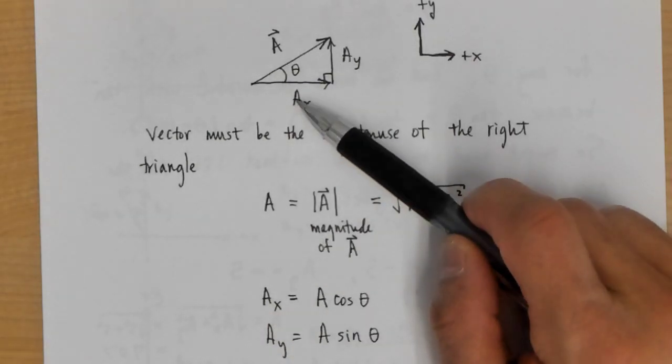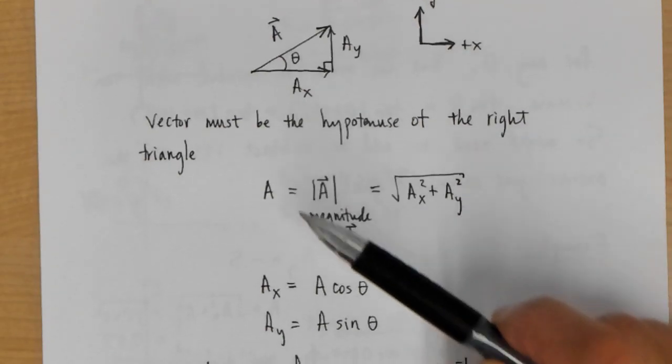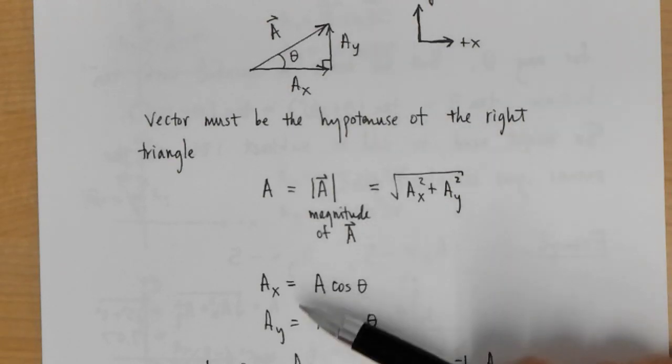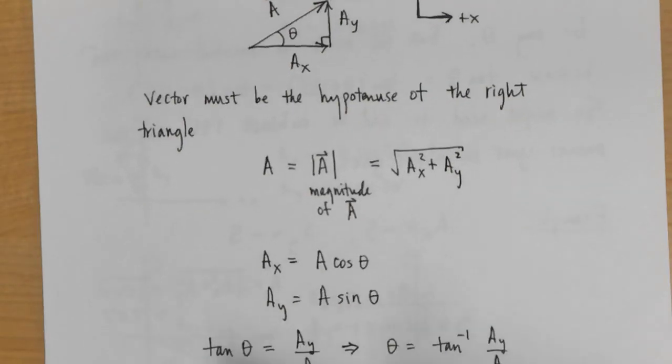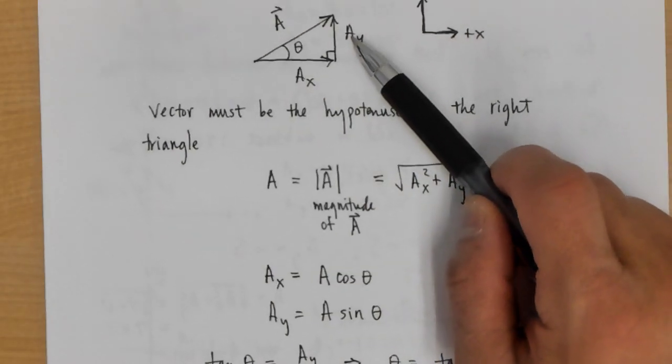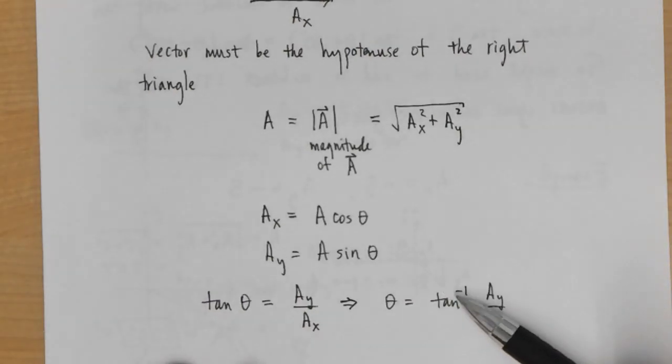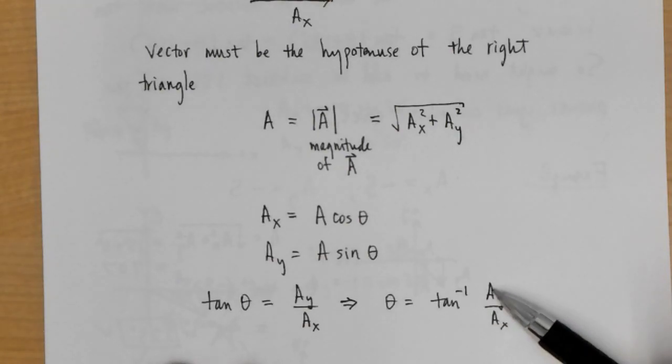So in terms of trigonometry, Ax is the adjacent side for theta, so Ax is equal to A cosine theta. Ay is the opposite side, so it's A sine theta. And then the tangent is the opposite over the adjacent, so Ay over Ax.